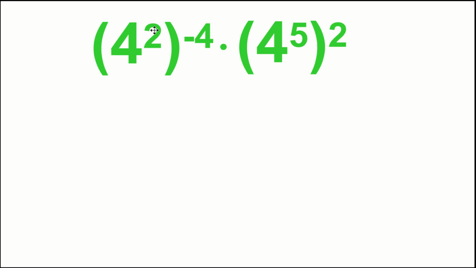All right, so when you have exponents of an exponent, you multiply your exponents and you keep the base. So we're multiplying each of those exponents. So the first one here becomes 4 to the negative 8th. Second one, 4 to the 10th.